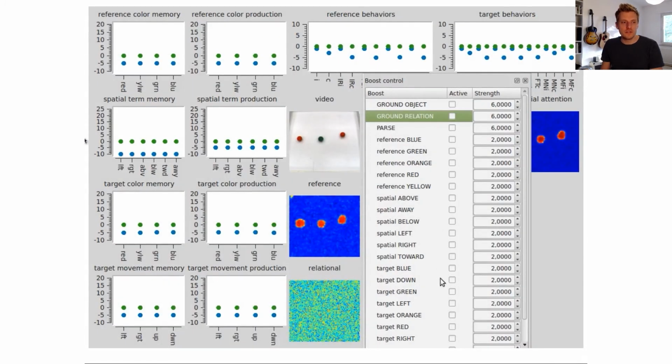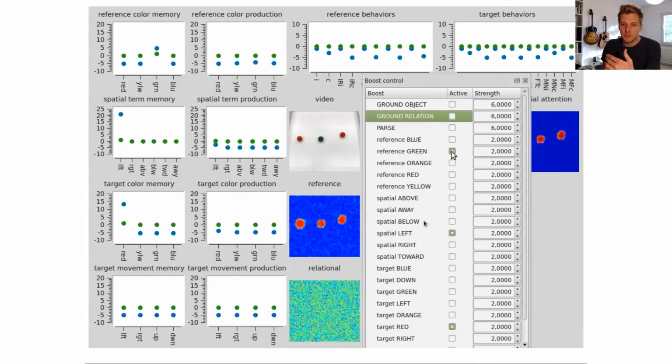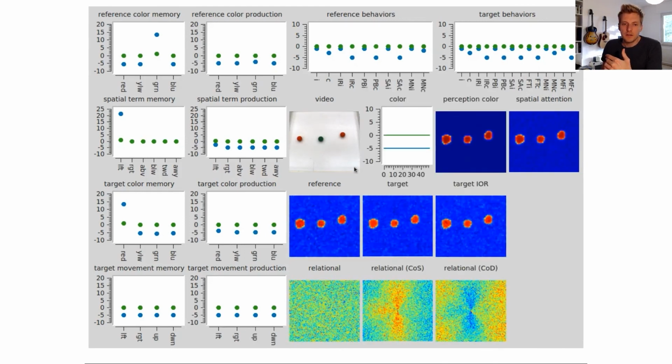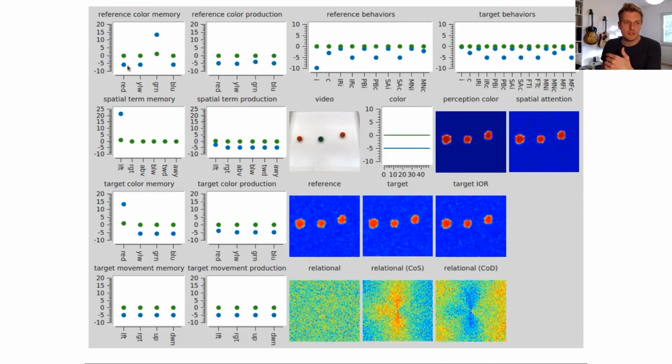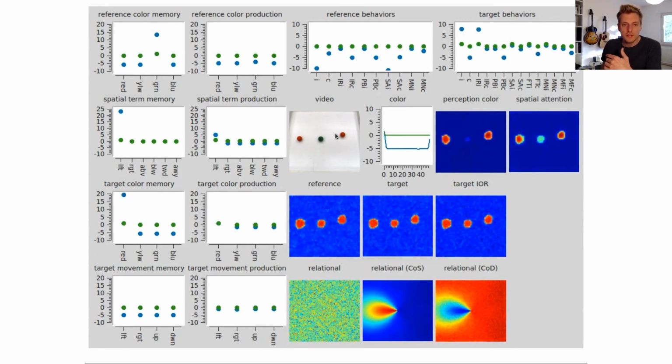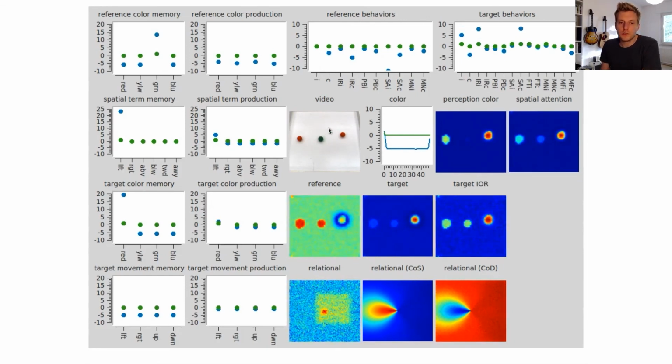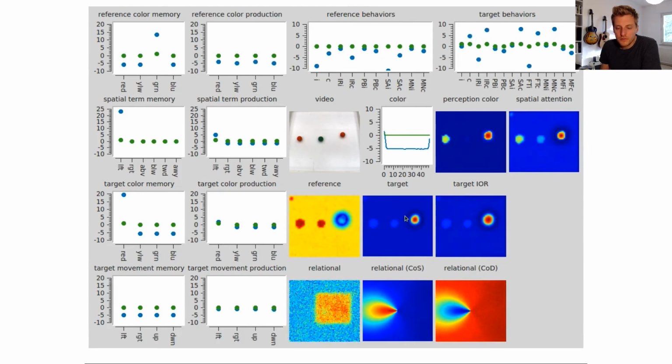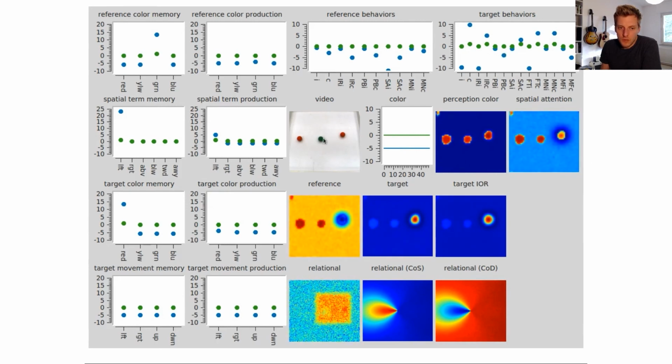Good. So let's look at an example. This is a grounding task where I'm saying: look for the red object to the left of the green object. The activation of the sentence you can see here in these nodes: red, to the left of, green. This is the perceptual input, and the architecture first looks for something red and finds this object here, puts it into the target field, and then looks for something green and finds this object.